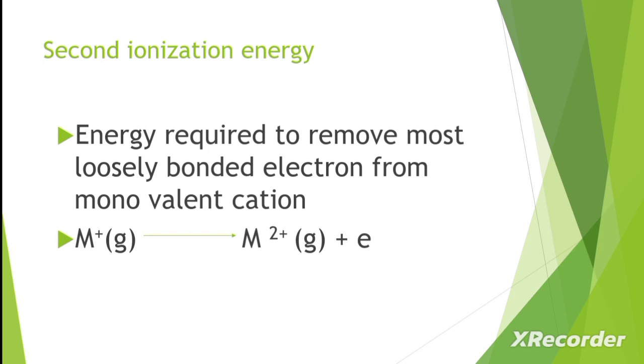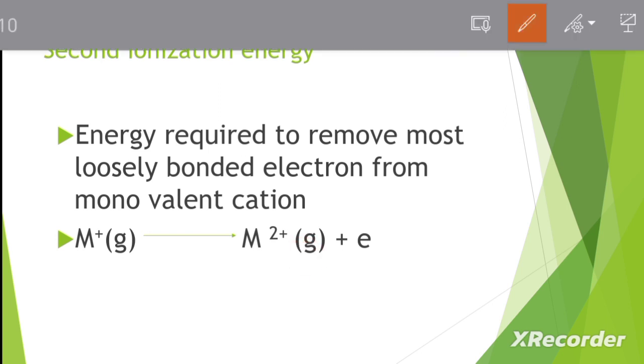Monovalent cation means a single positively charged cation. Here the M plus gaseous cation is there. Second ionization energy is given to this to form an M2 plus cation, and an electron is removed. This is the electron that was removed, and this is the M2 plus cation that was formed.